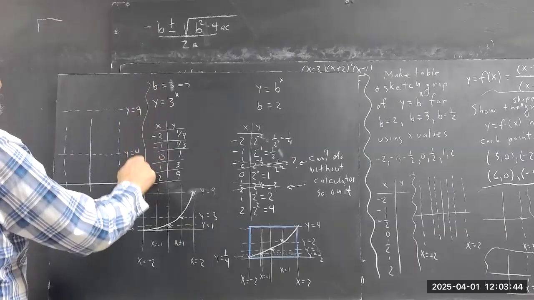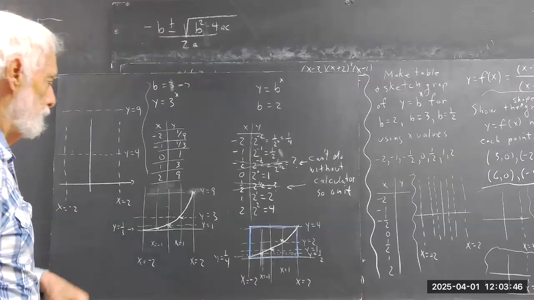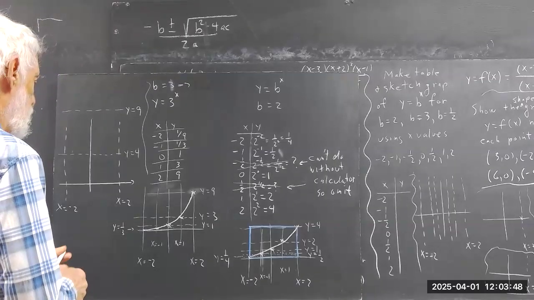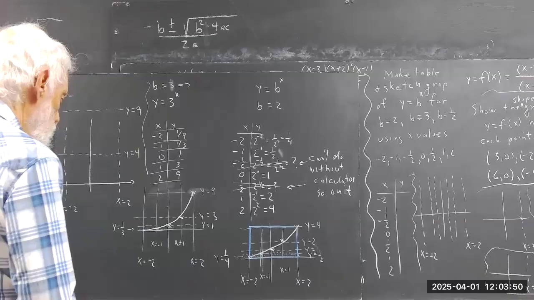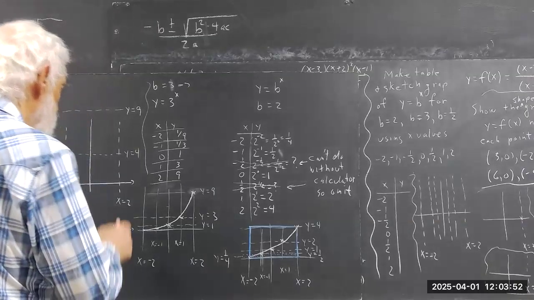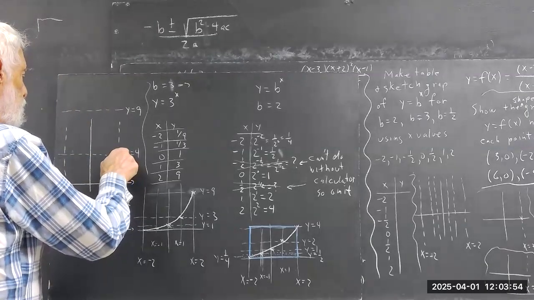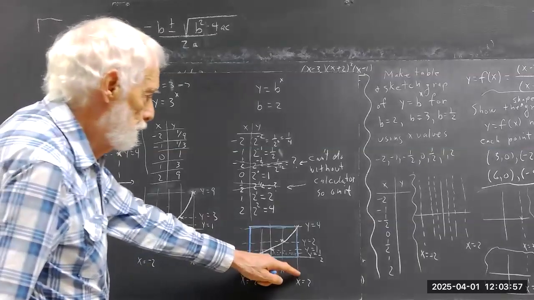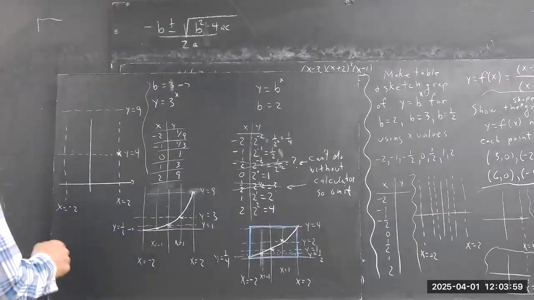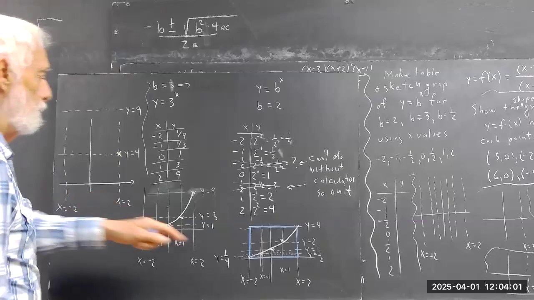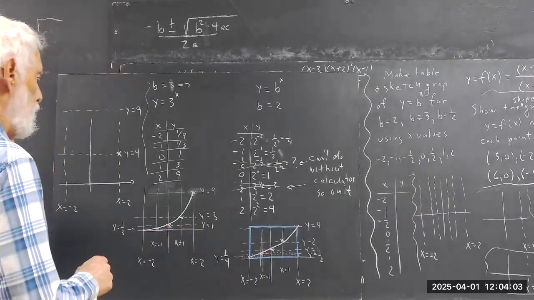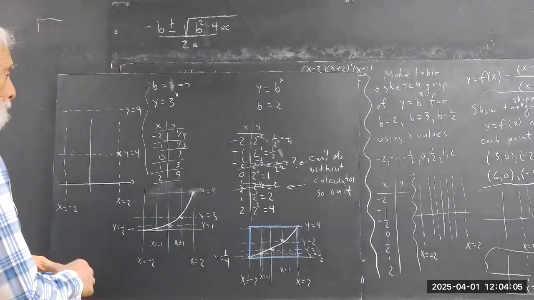Here's y equals 9. I know that the 2 to the x function goes through 2, 4. I know that both functions go through the point 0, 1.